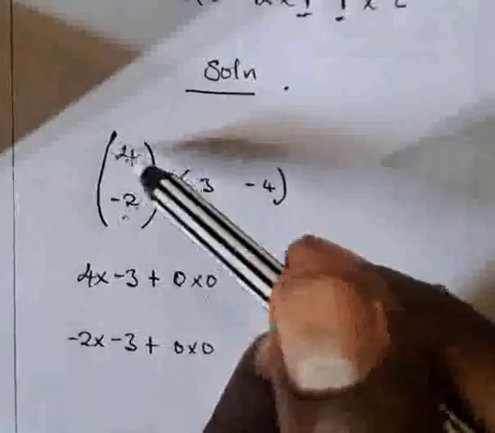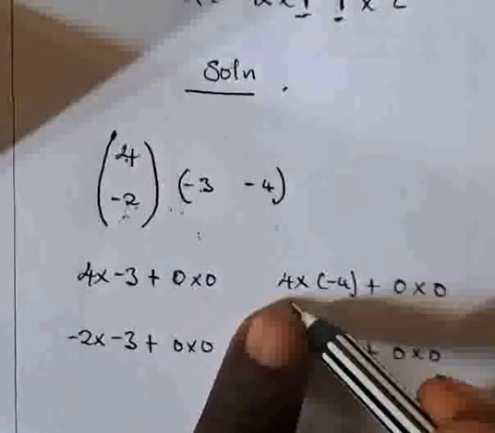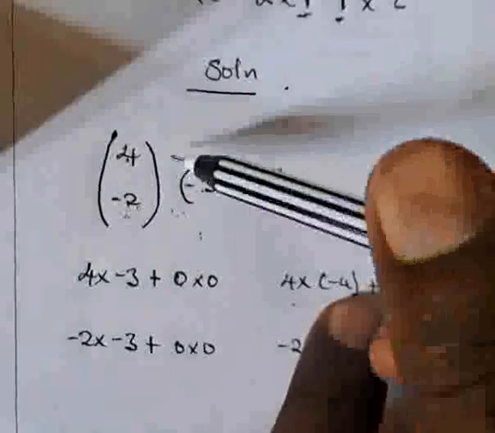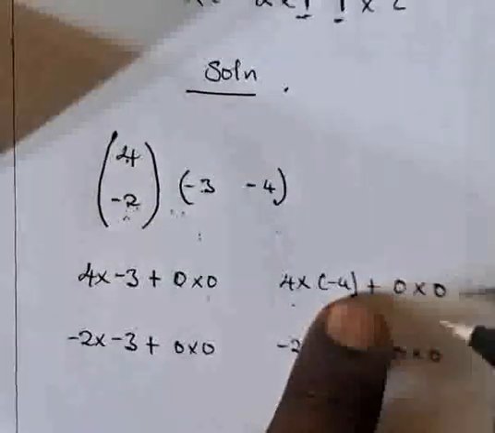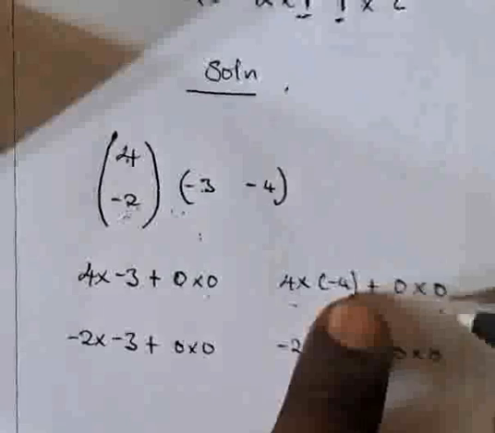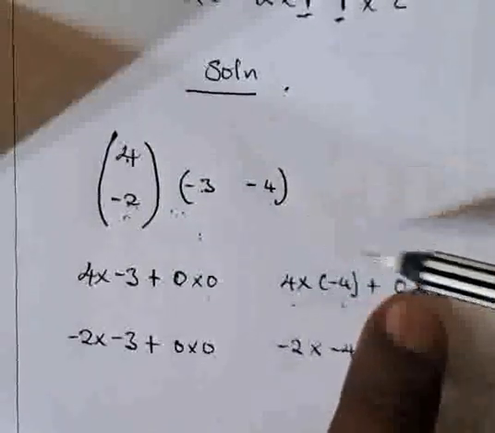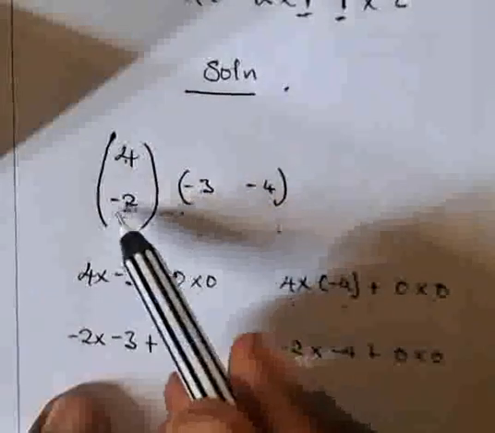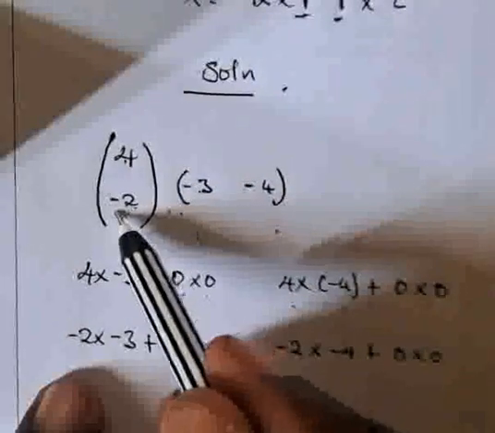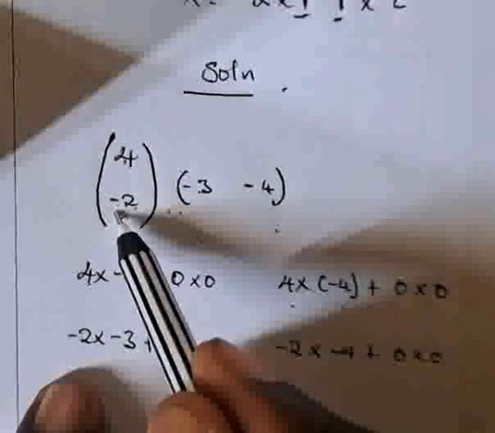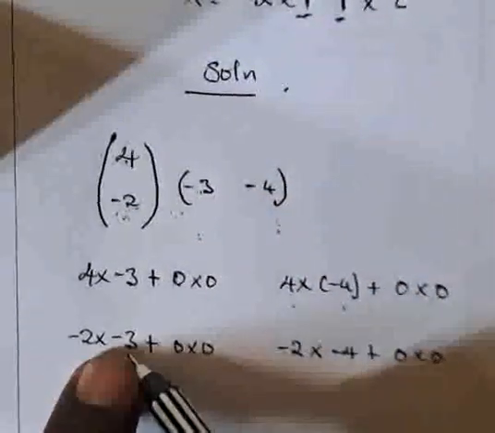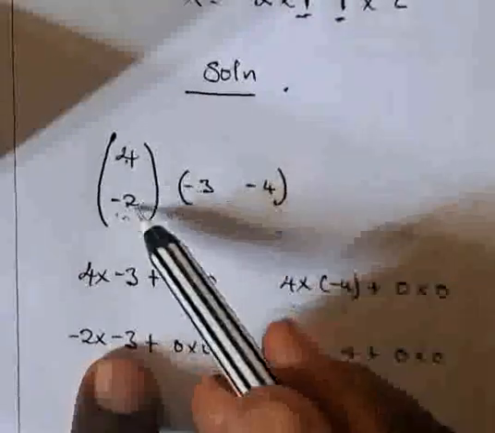The first one in this row is 4. The first one in this column is -4 plus, the second one in this row is 0 because we don't have here, and the second one in this column again is 0. Then we came down there. -2 is the first in this row, and -3 is the first one in this column. So yes, we multiplied them plus, what is the second one here?